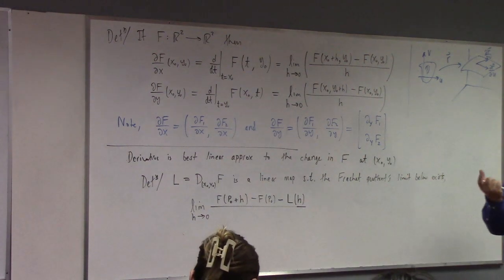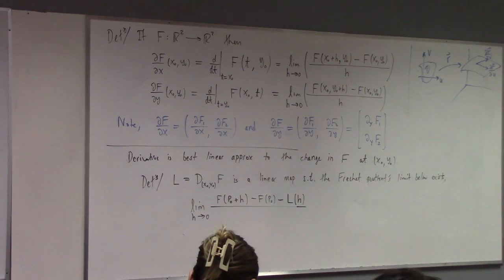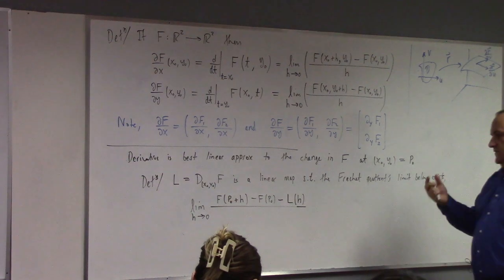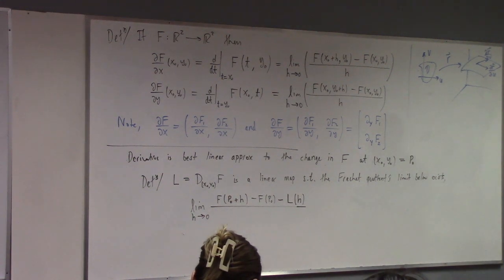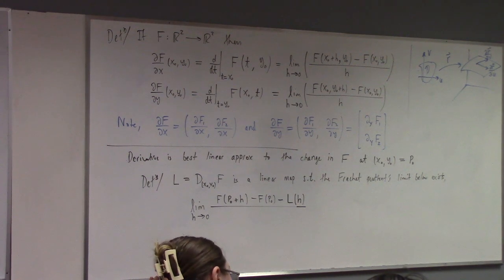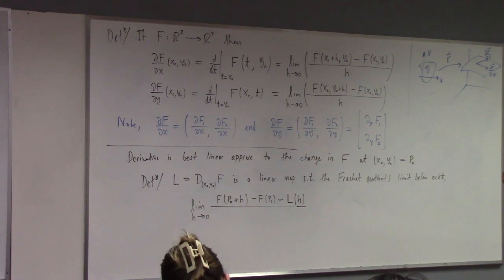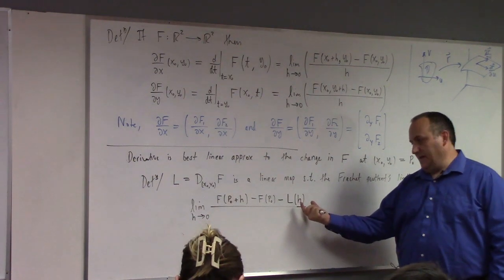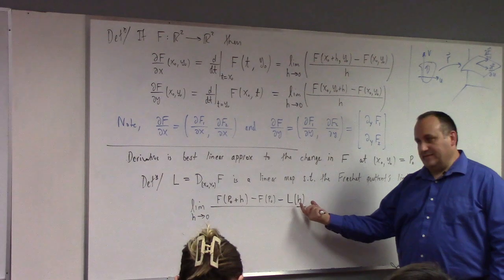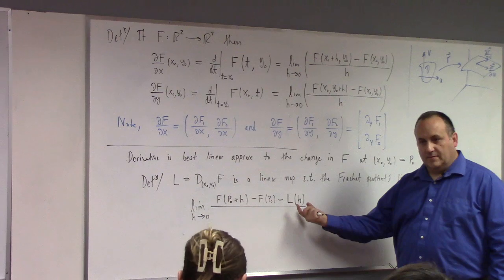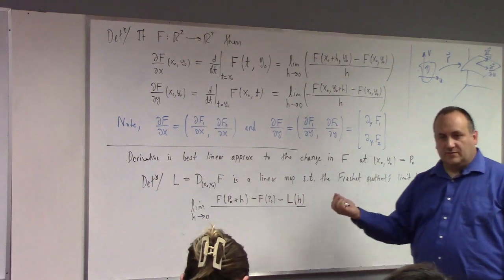So the change at p naught is given by f of p naught plus h minus f of p naught. That's the change in the map at the point p naught. And I want to say that that's well approximated by this linear map L acting on h. This linear map is called the differential. Now, I want to say this is equal to 0, right?